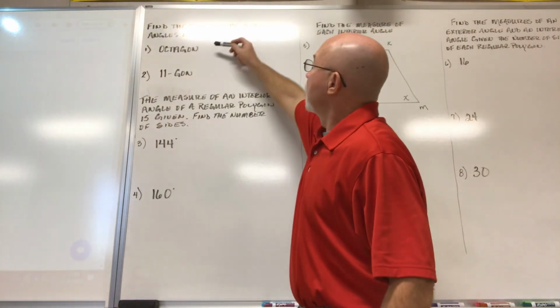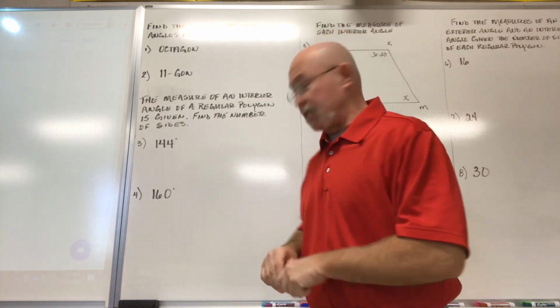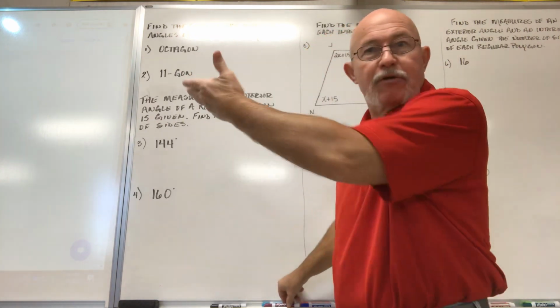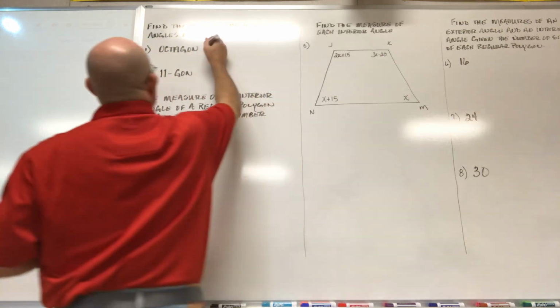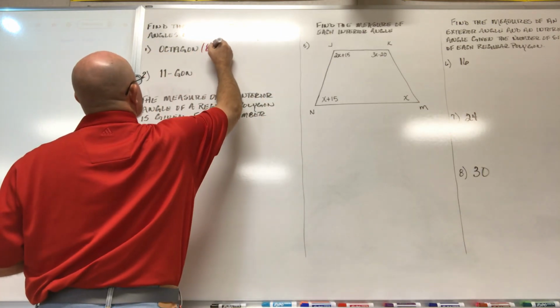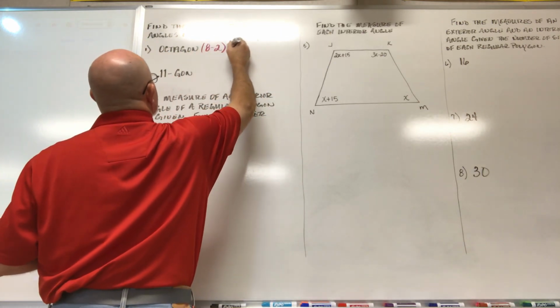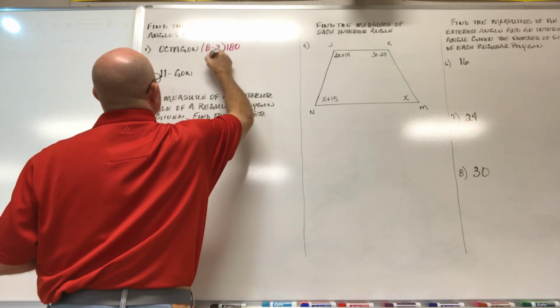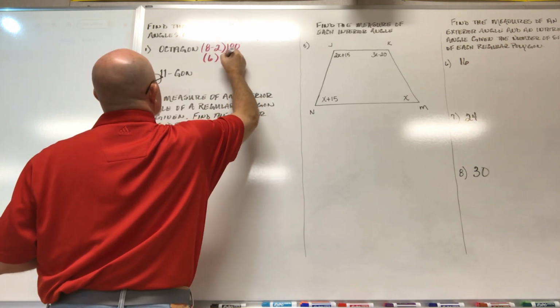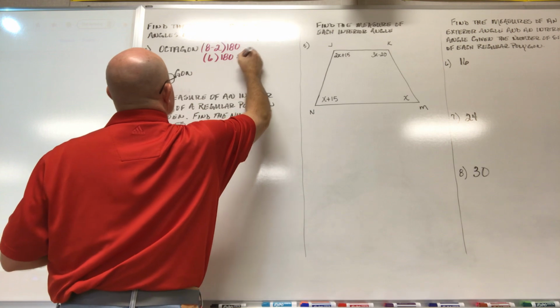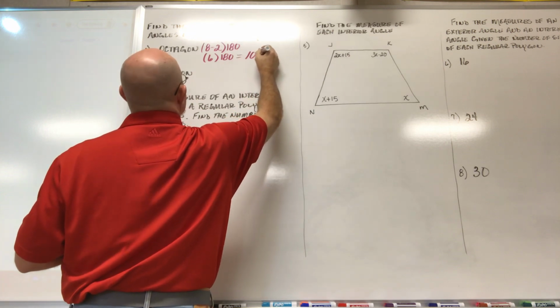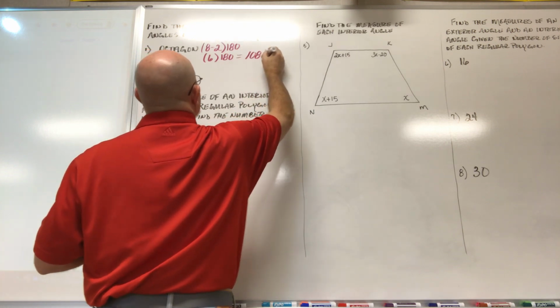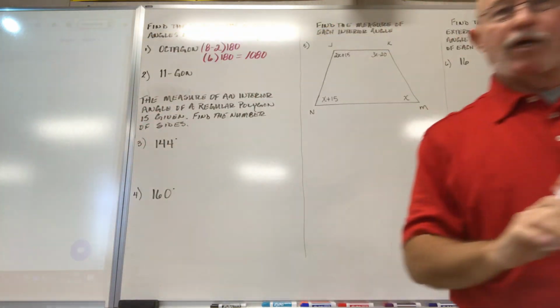So, interior angles. How many sides in an octagon? Well, we know there's 8. Okay, there we go.